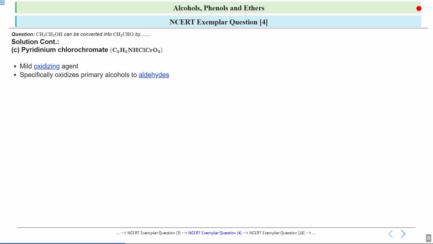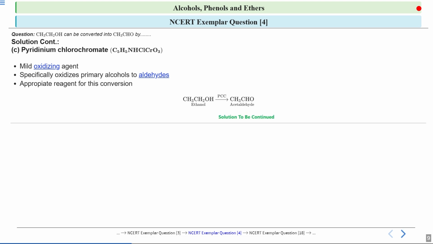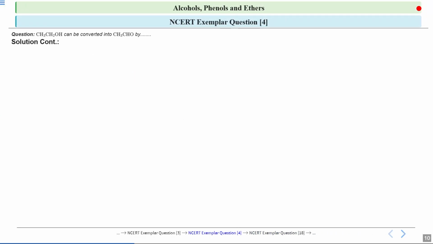It specifically oxidizes primary alcohols to aldehydes, so this is the appropriate reagent for this conversion. If you look over here, this is ethanol. When you use PCC, pyridinium chlorochromate, it will oxidize this alcohol to aldehyde over here. So that is why option C is correct.